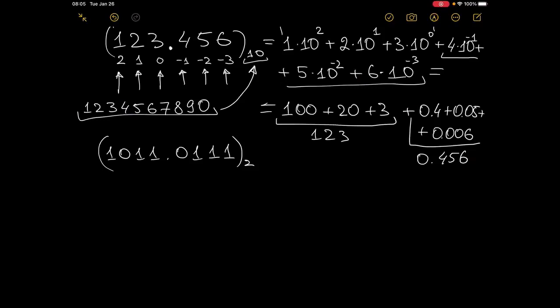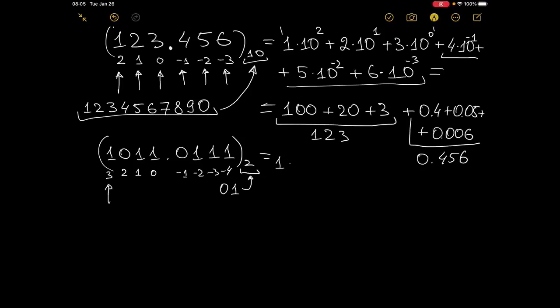So for binary representation, the only characters we can use are 0 and 1, right? So how many characters? 2. This is why it's base 2, right? Here we do exactly the same. We just number our positions. And then it's exactly the same.